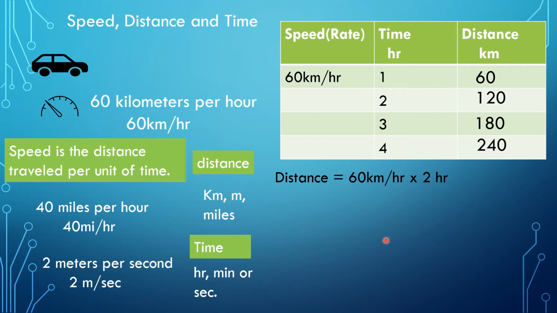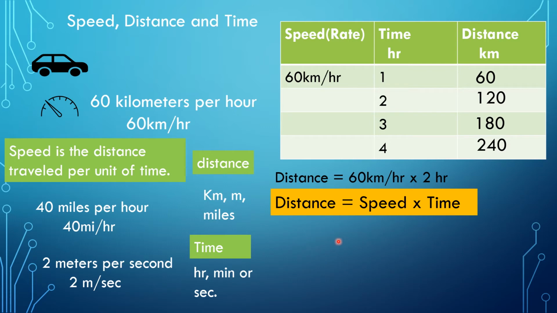So we can get the formula for finding the distance: distance is equal to speed times time. The speed is 60 and the time is 1, so 60 times 1 is equal to the distance of 60 kilometers. 60 kilometers per hour is the speed, and times 2 gives 120 kilometers, which is the distance. So now we have the formula for finding the distance.